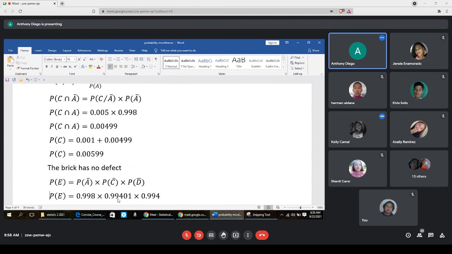So it's going to be 1 minus 0.00599. So you get 0.99401. That's correct. Remember you are subtracting it from 1. So 0.99401 is correct. And then that will be times 0.998.